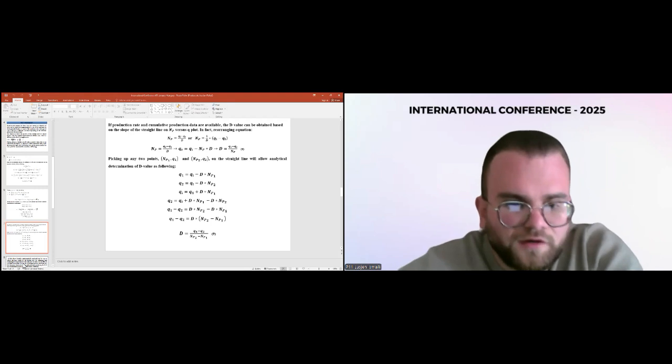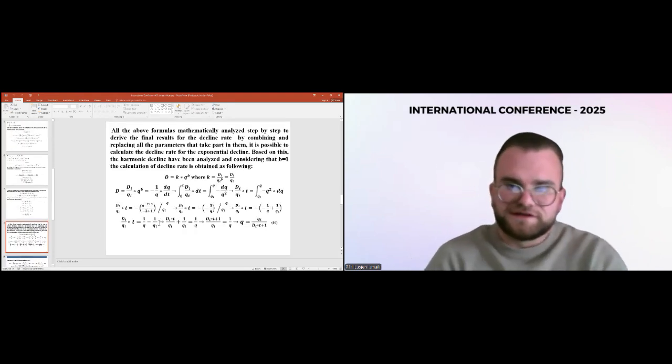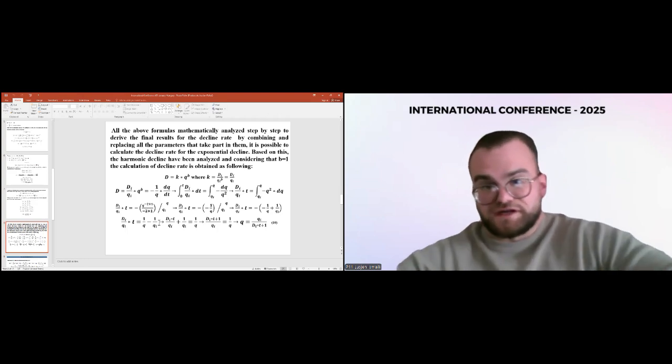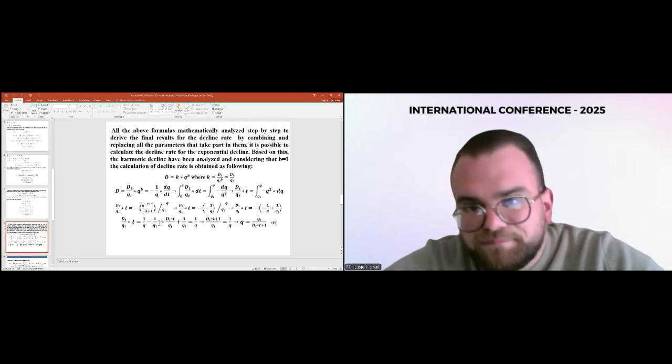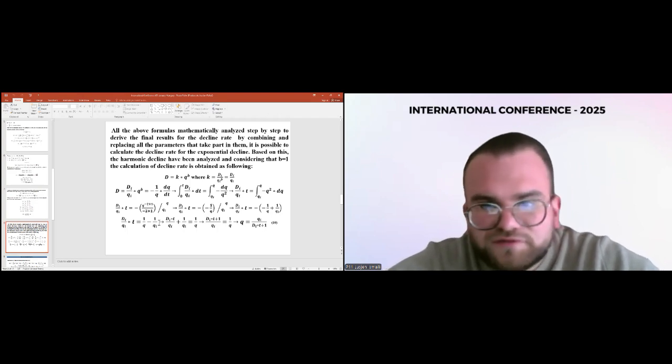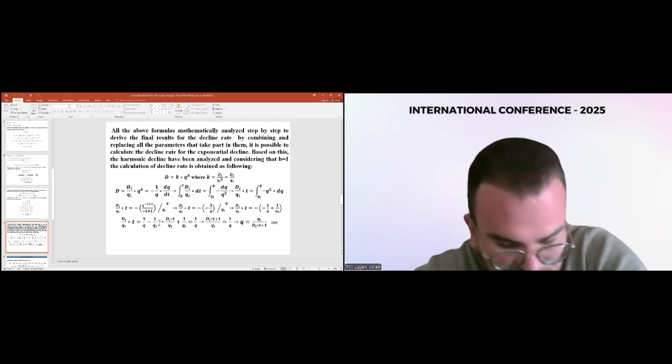So all the above formulas are mathematical analysis step by step to derive the final result for the decline rate by combining and replacing all the parameters that take part in them. It is possible to calculate the decline rate for exponential decline.